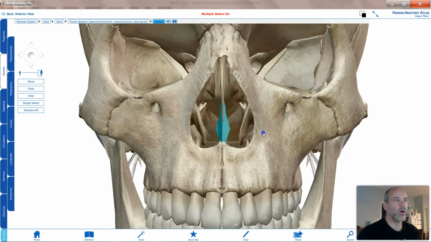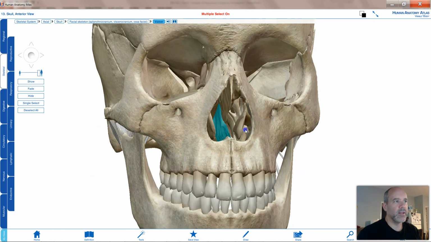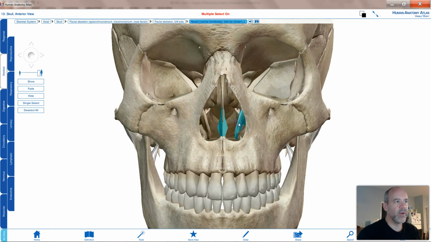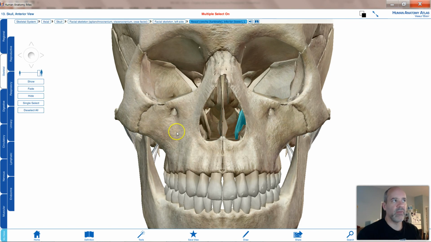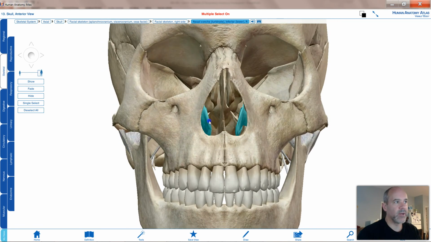That means nasal wall. Yeah, and while we're here on the skeletal system, you can see right there, let me deselect everything. There is your inferior nasal concha, which is actually a bone on the left. There it is over on the right, and then that's covered with the nasal mucosal membrane lining. There covers the bone inside the nasal cavity.